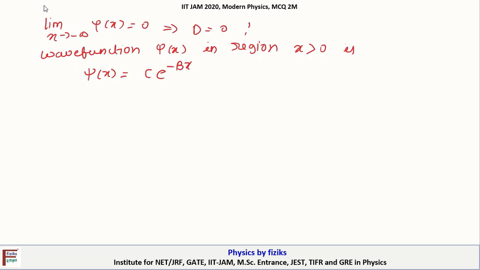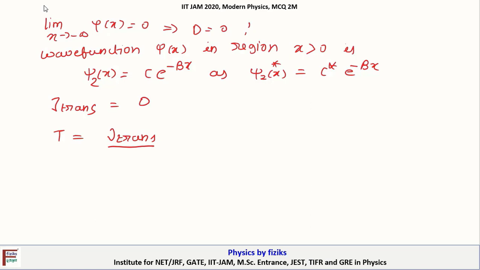Now J trans for this would be 0, as psi 2 star would be the same as e to the power minus beta x. So since J trans is 0, T in this case would be J trans divided by J incident, equal to 0.